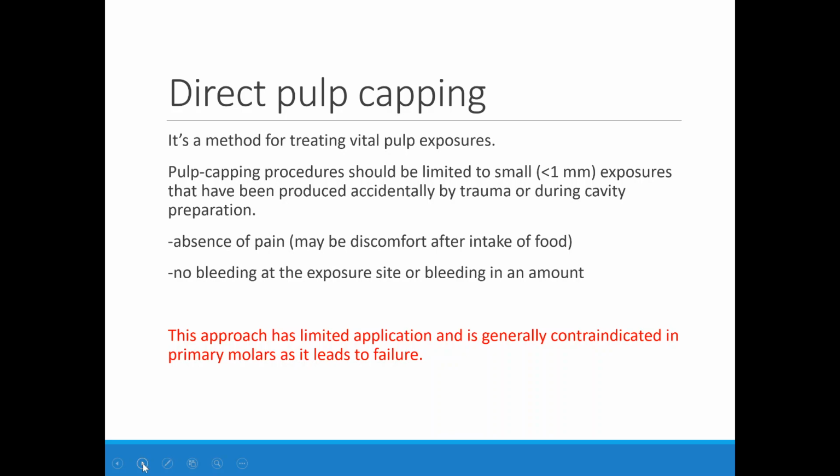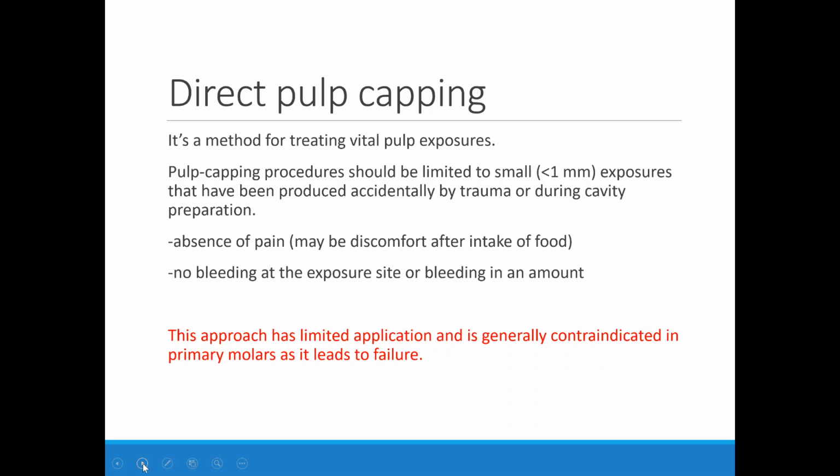Again, you want to remove all softened dentin and you open the horn of the pulp. Of course, there should be absence of pain, maybe just discomfort after intake of food, and no bleeding after exposure, or bleeding in a small amount. So again, you put a sterile cotton ball for 1-3 minutes, then you remove it and you see that there is no bleeding.